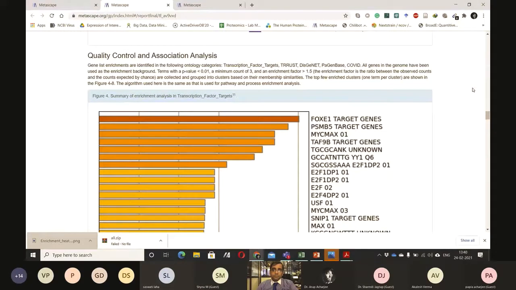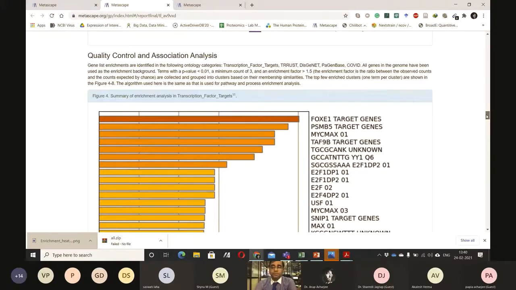And then you have to use your biological question, what was the question I was asking. So there should be an alliance between your biological question asked and the kind of data analysis you want to do. Then there is the quality control analysis. I was talking of transcription factor targets.